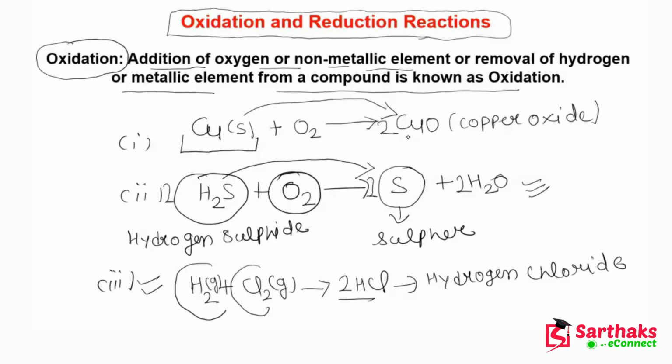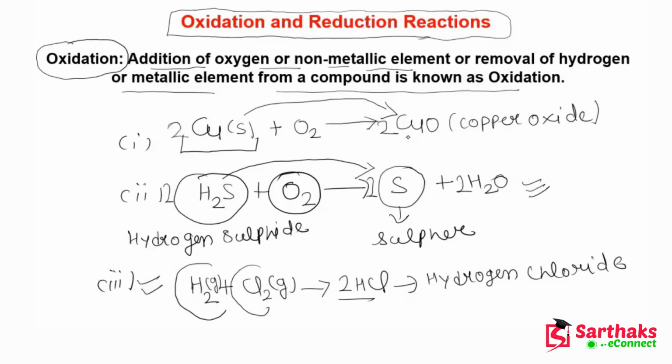But here copper is present only 1, or you can say only 1 copper is present. So what can we do to balance this copper? I will again multiply with 2 here. Okay, and now you can see, guys, the number of copper and oxygen is balanced.